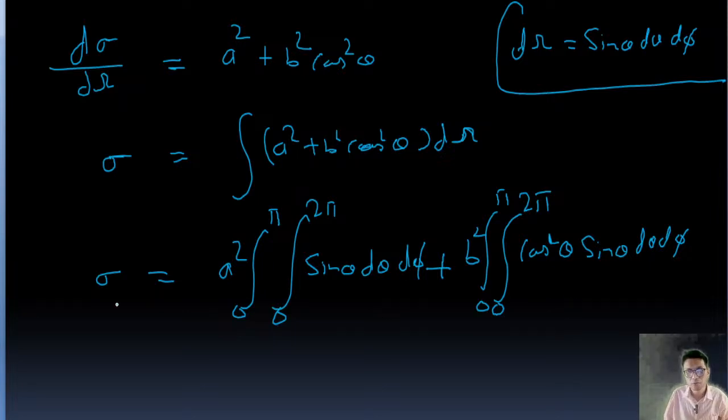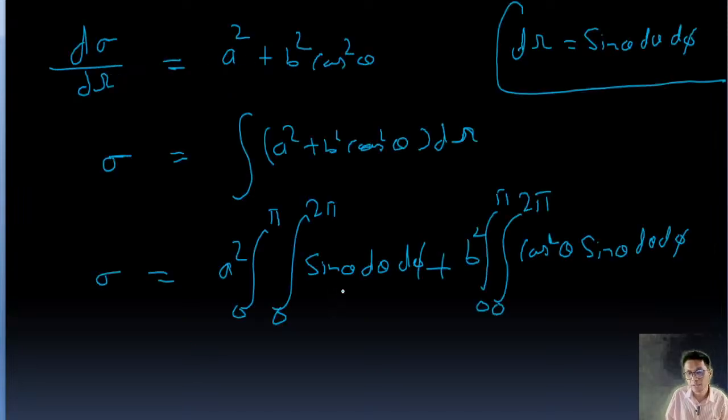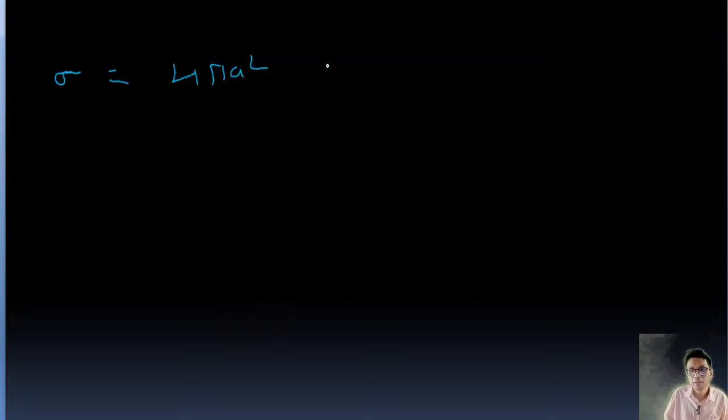So the value of sigma is going to be this one: 4 pi a square, since the integral of sin theta is cos theta between 0 and pi, and 2 pi for phi. Plus b square times the integral of cos square.